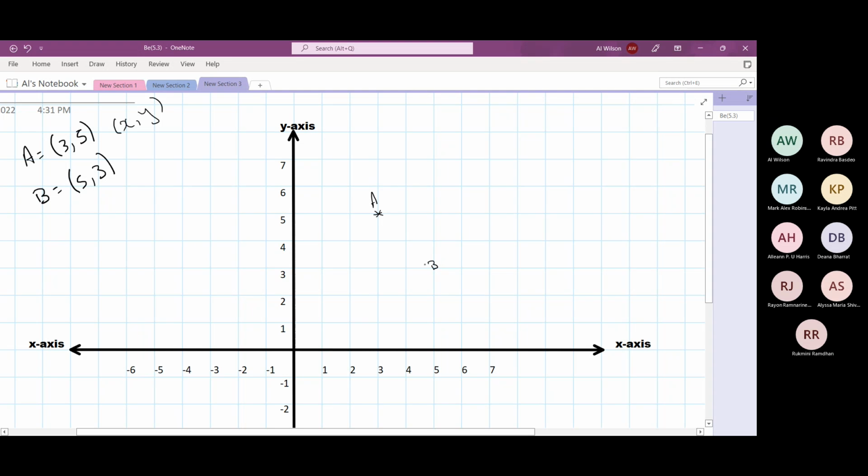That's why you need to be very careful when you're answering your questions, because if you mix the order up, notice A is here and B is here. So when you mix it up, you're likely to get your answer incorrect.